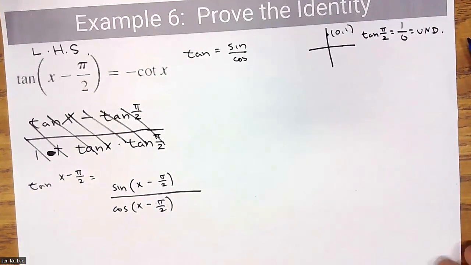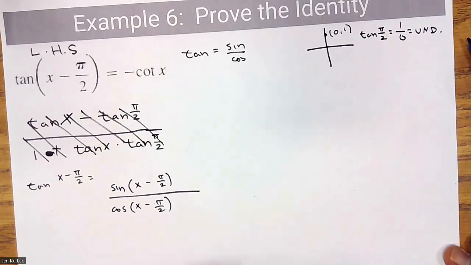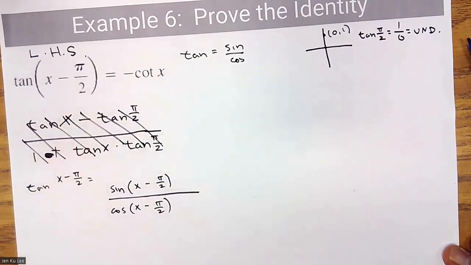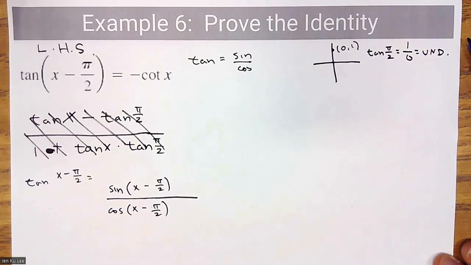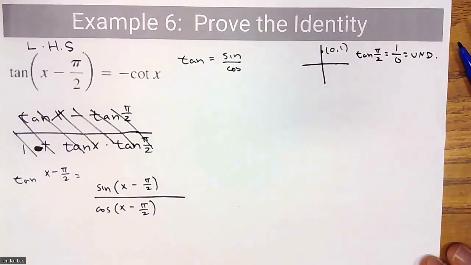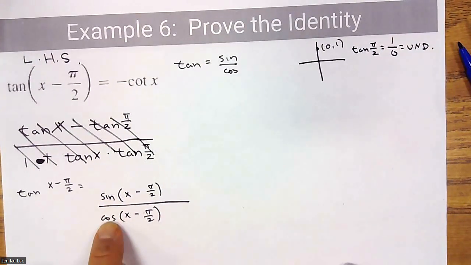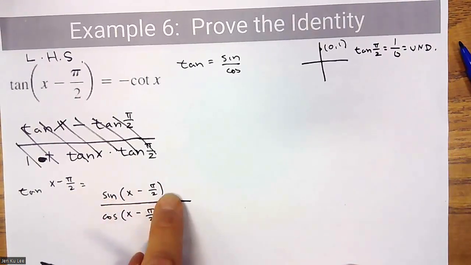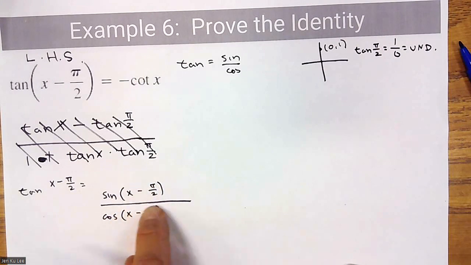Correct? Because x minus pi over 2 is just an angle. It's a complicated angle, but it's still nonetheless an angle, so I can just write sine over cosine. And in our example 5, we just did this, correct?